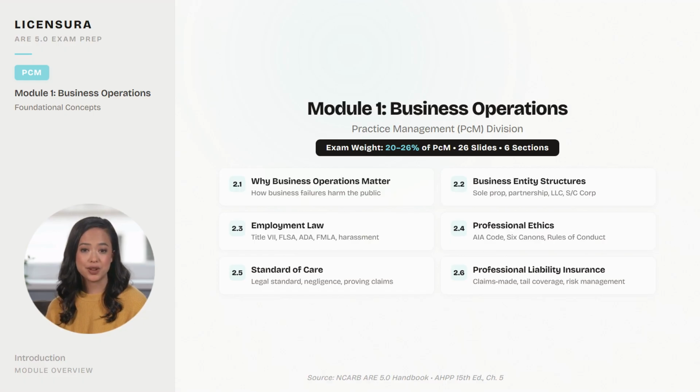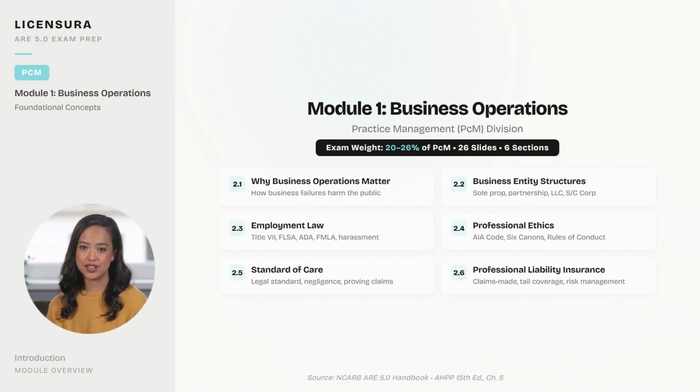Which ones actually protect you, and which ones leave you totally exposed. Section 2.3 dives into employment law, the federal laws every architect needs to know. Title VII, FLSA, ADA, FMLA, and workplace harassment rules. There's a lot here, and the thresholds matter.